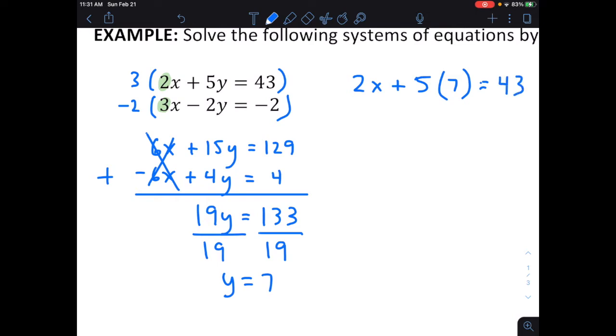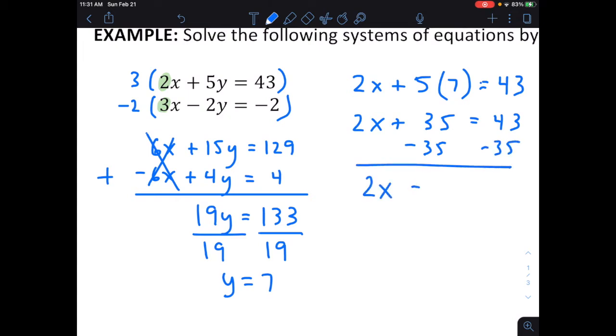Okay, so simplify that. 5 times 7 is 35, and then just bring down everything else. Then we're going to subtract that 35. So 2x equals, well, that ends up being 8. Divide by 2, x is 4.